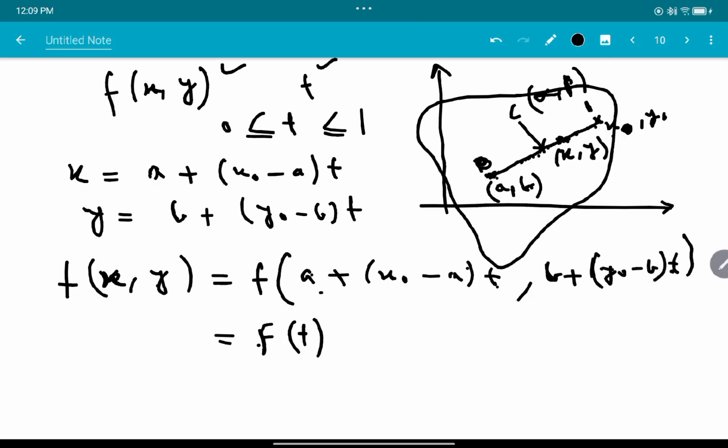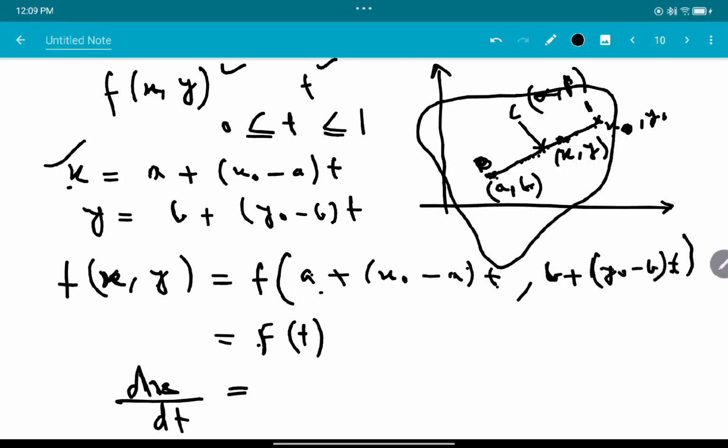This is x is equal to this. From this you find dx by dt. Let's first find dx by dt from this. dx by dt is equal to a constant, this constant.